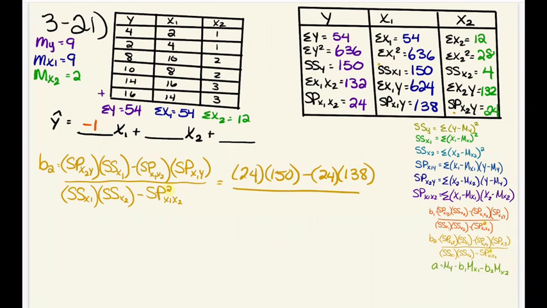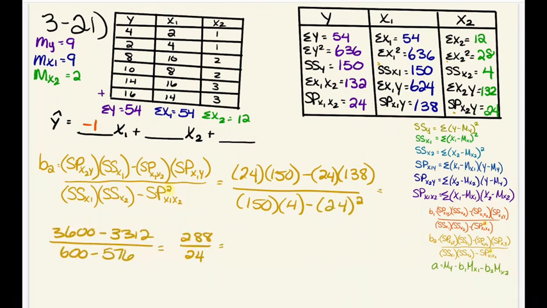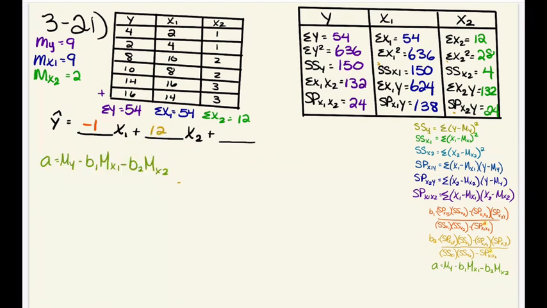Then we'll divide that by the sum of squared deviations for x1 multiplied by the sum of squared deviations for x2 and subtract the sum of products of deviations for x1 and x2 squared. The beta 2 value will be multiplied by x2 in the multiple regression equation.